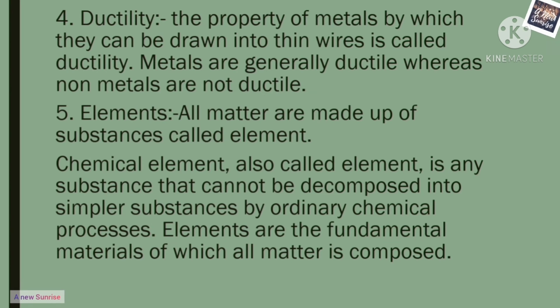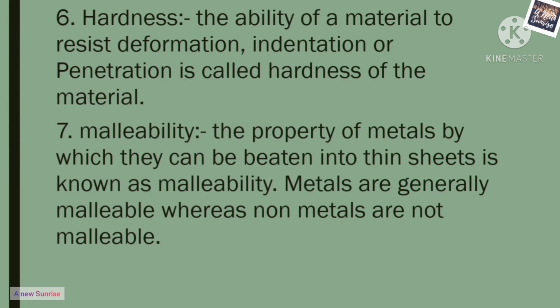Elements. All matter is made up of substances called elements. A chemical element, usually called an element, is any substance that cannot be decomposed into simpler substances by ordinary chemical processes. Elements are the fundamental materials of which all matter is composed. Now let's go towards the sixth term, that is hardness.